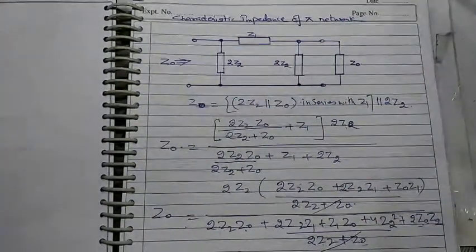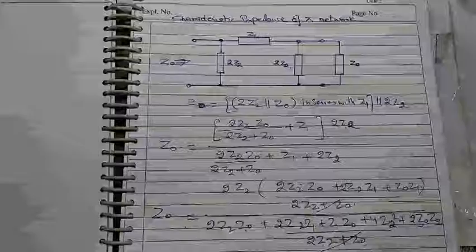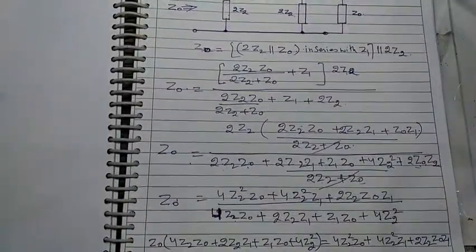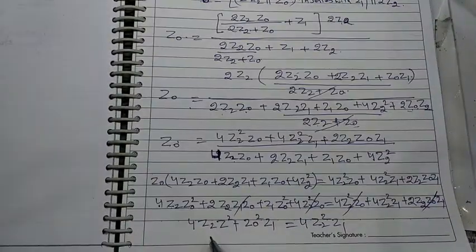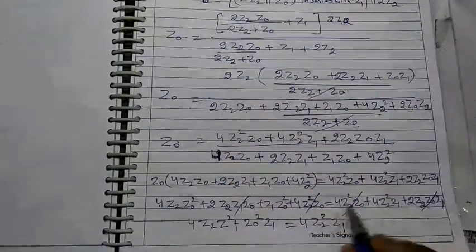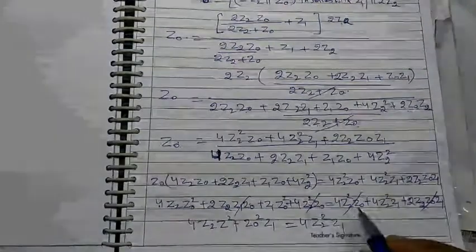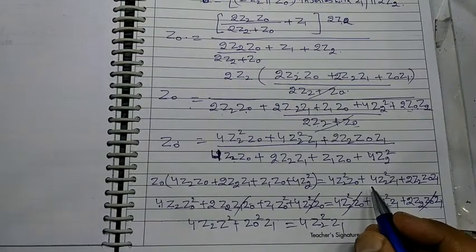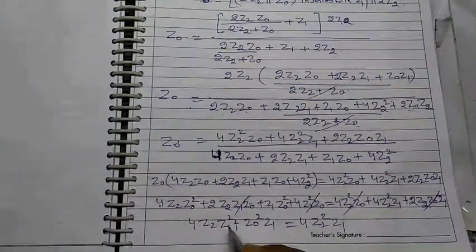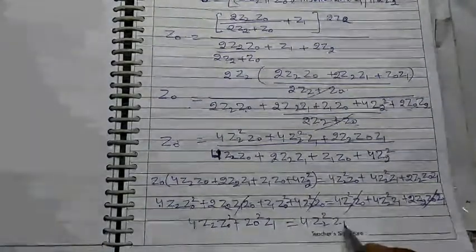Now here you can see 2Z2 ZO Z1, 2Z2 ZO Z1 also gets cancelled on both sides. 4Z2 square ZO, 4Z2 square ZO gets cancelled. Now the remaining terms are 4Z2 ZO square, ZO square Z1 equal to 4Z2 square Z1.